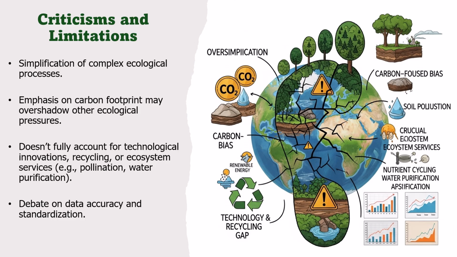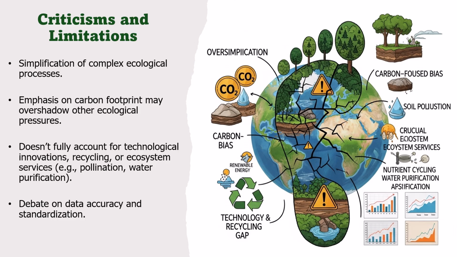While the ecological footprint is a valuable sustainability indicator, it's not without criticism or limitations. One key issue is that it simplifies a very complex ecological process into a single metric, which may overlook important ecological dynamics.